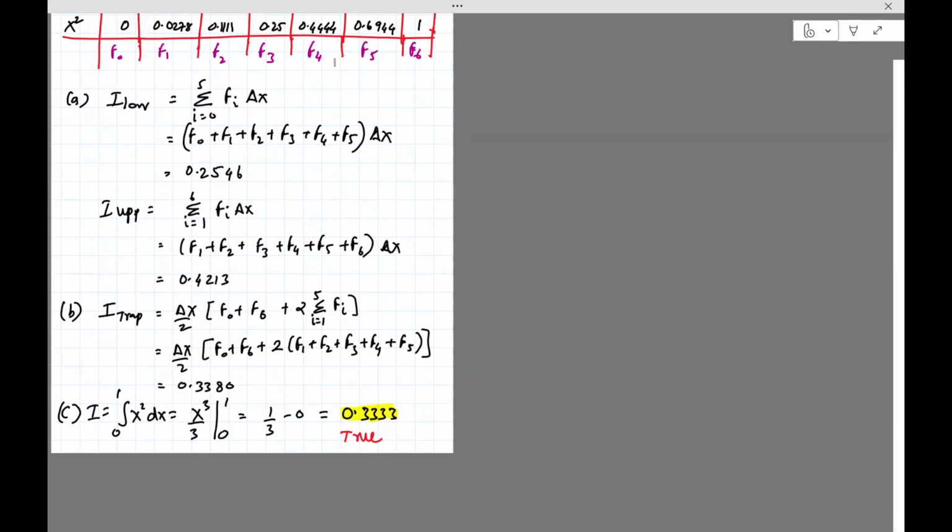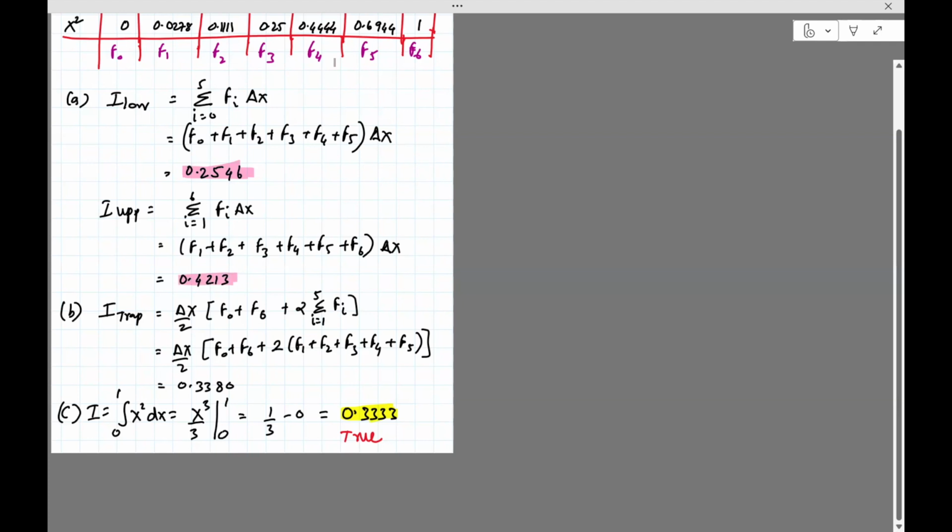Yes, so this is what I got from the rectangular rule, a lower bound. And you can see it is actually underestimating the value. So actual value is 0.33, it's giving 0.2546. That's exactly what we expected. The upper bound is giving 0.4213.